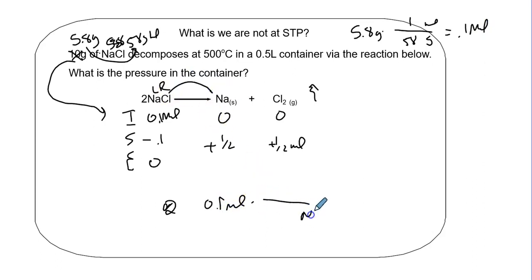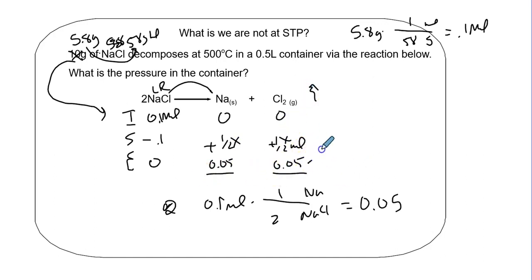Get rid of the NaCl, going to Na at a 2-to-1 ratio equals 0.05. That's half of that. So half of that would be 0.05 and 0.05. That's half of the moles, half of X, if you want to call it that. So that's my actual moles.